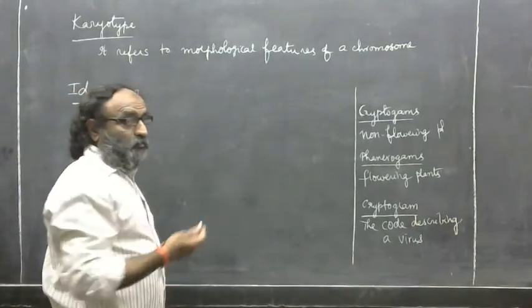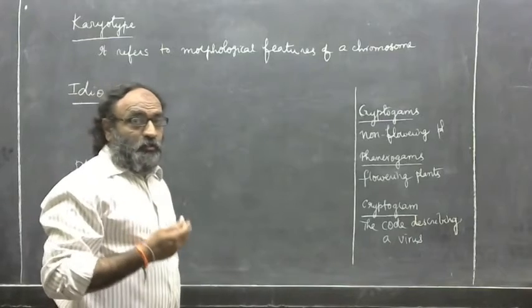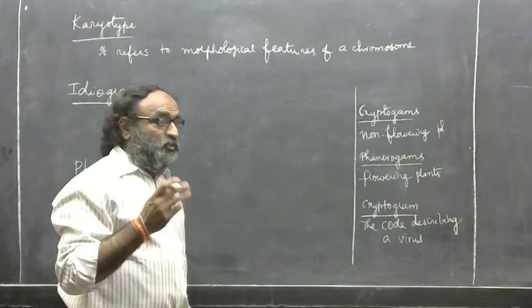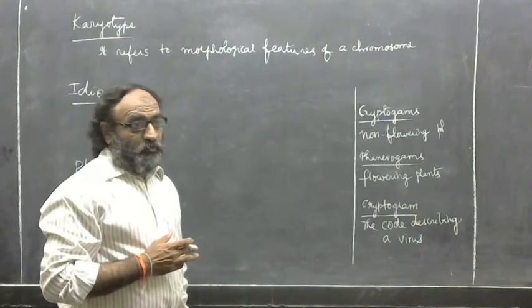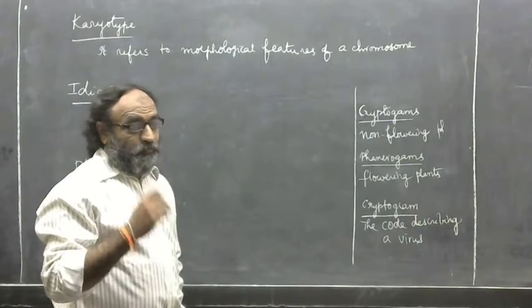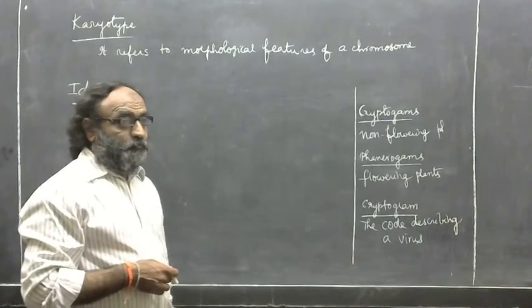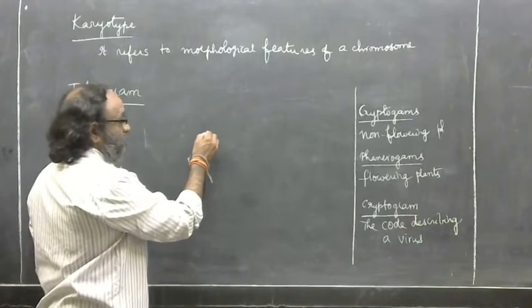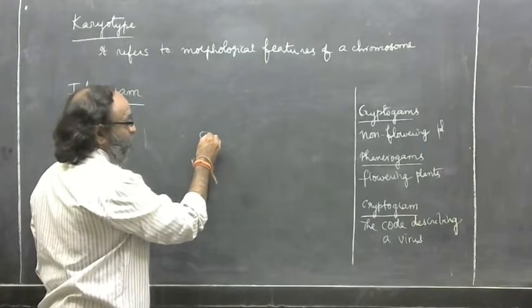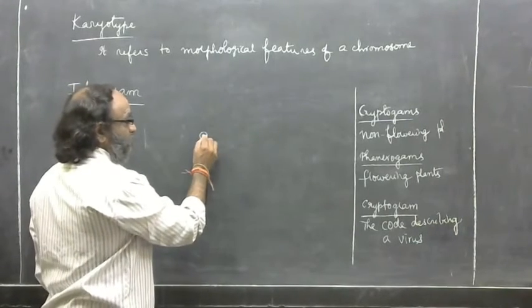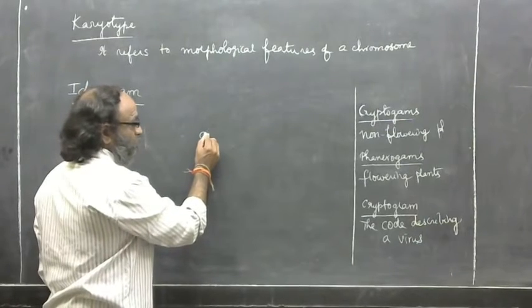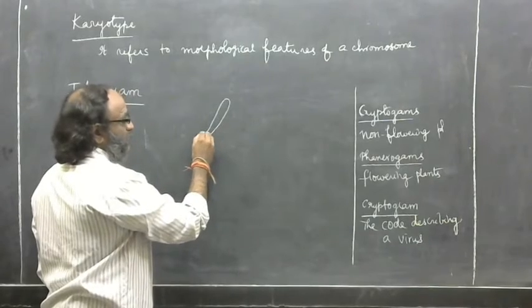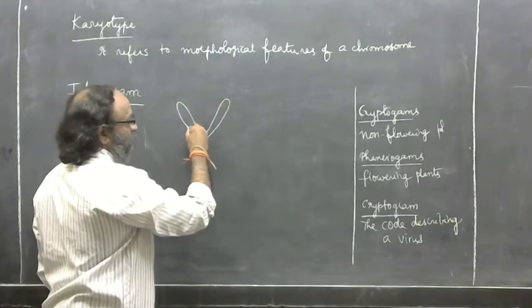So saying that the centromere is at the center of the chromosome with equal sized chromatids or arms is its karyotype. Now, I will represent this in the form of a diagram. This is the centromere of a chromosome, and these are the chromatids.